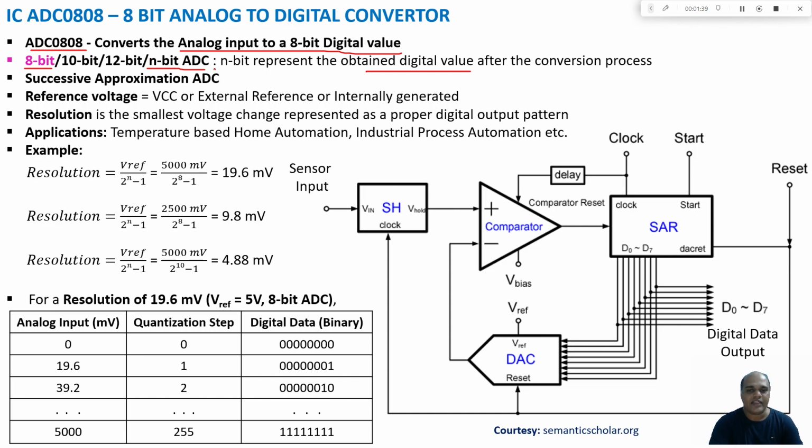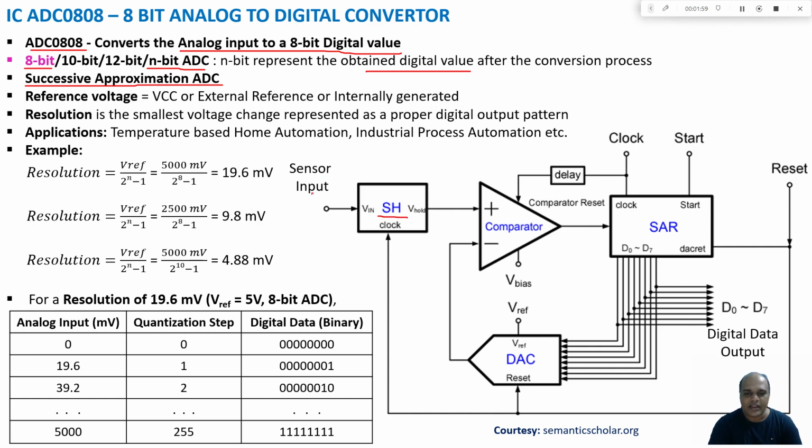The ADCs can be of different types. The ADC0808 is fabricated using a successive approximation ADC. In successive approximation ADC, we will have a sample and hold circuit.